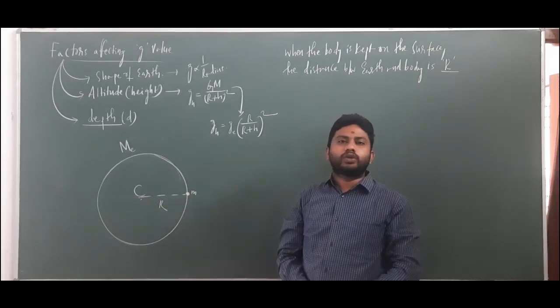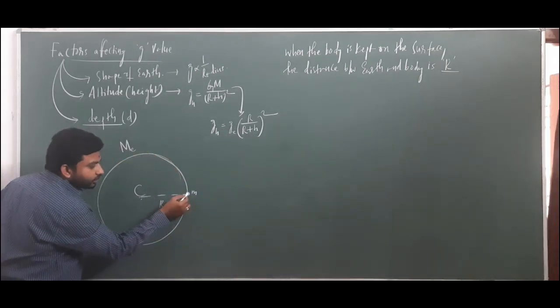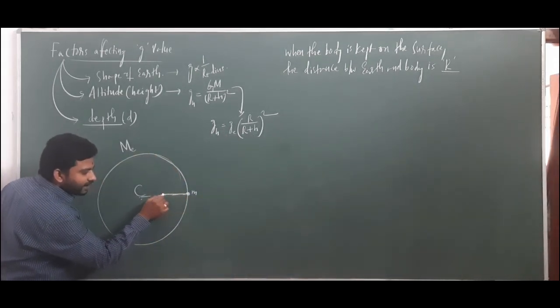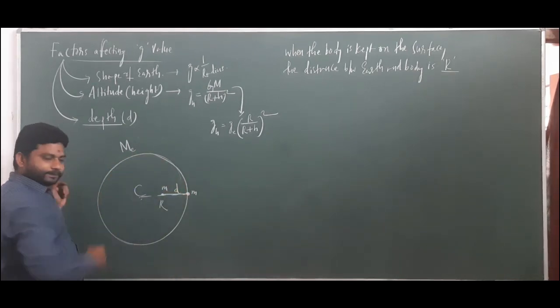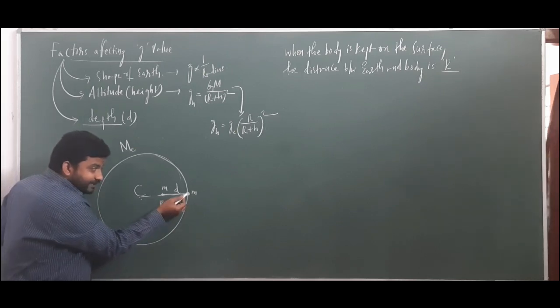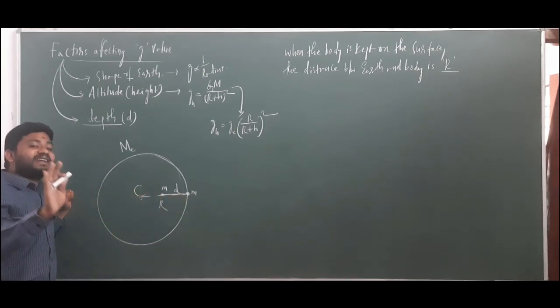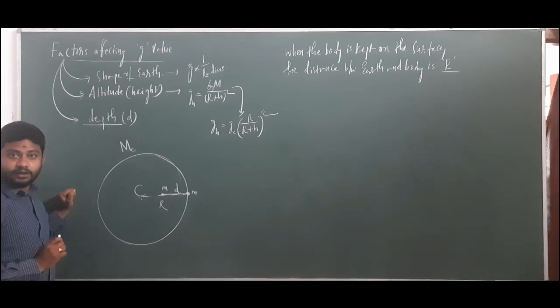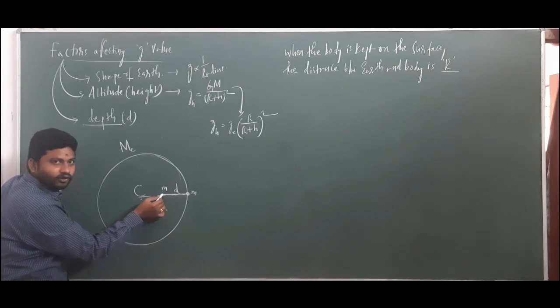Now from the surface of the earth, I am taking the body to some depth. Imagine this is the point I have brought it to. So this is the depth D. Now tell me, what is the final distance between the two bodies here? This is the center of the earth and this is the center of the body.